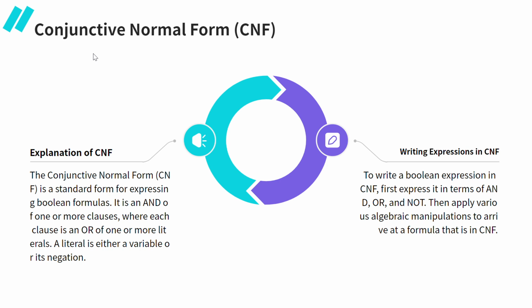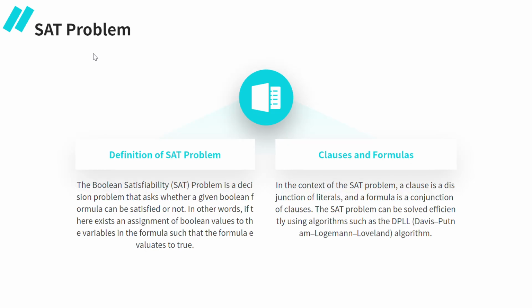It is an AND of one or more clauses, where each clause is an OR of one or more literals. A literal is either a variable or its negation. To write a Boolean expression in CNF, first express it in terms of and, or, and not. Then apply various algebraic manipulations to arrive at a formula that is in CNF.